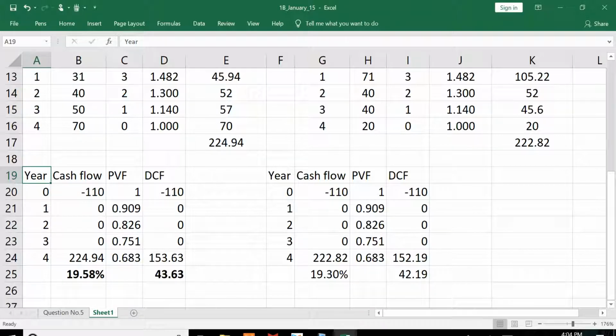The basic thing is both NPV and IRR will prefer the same project at a modified level.